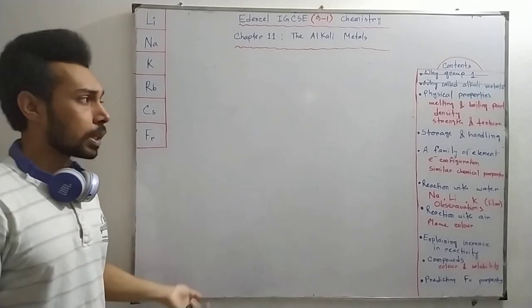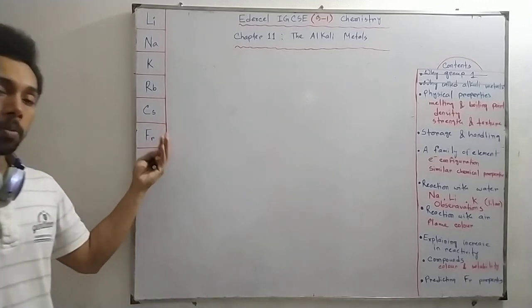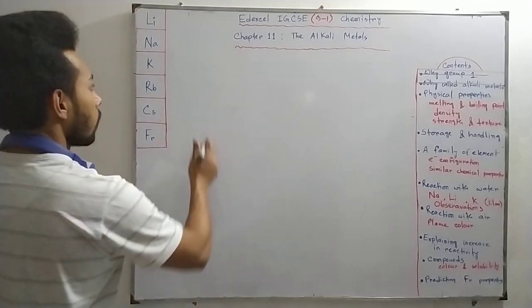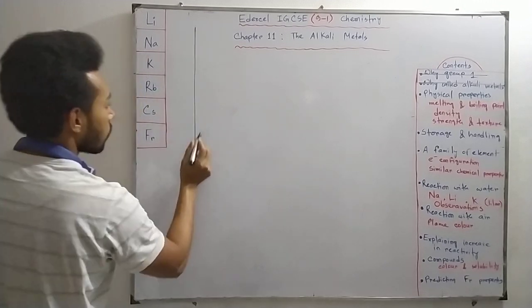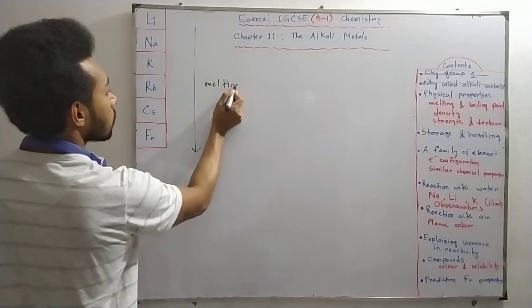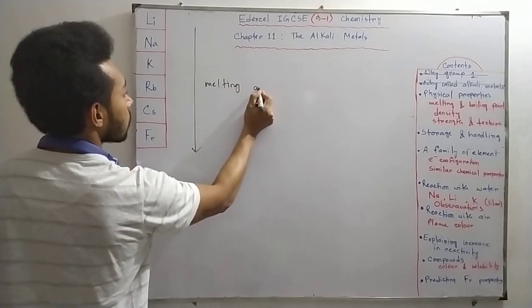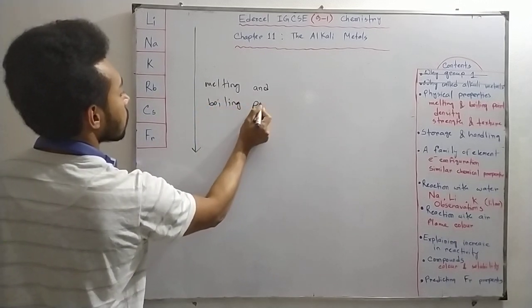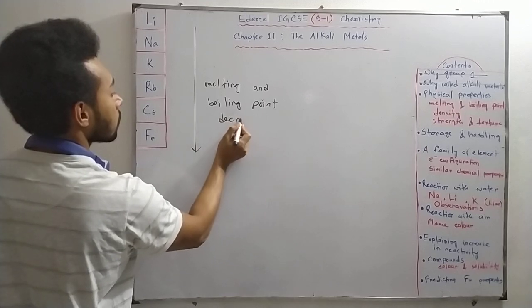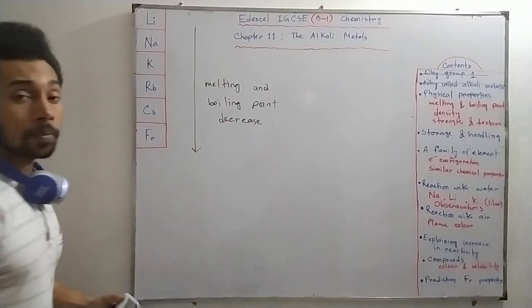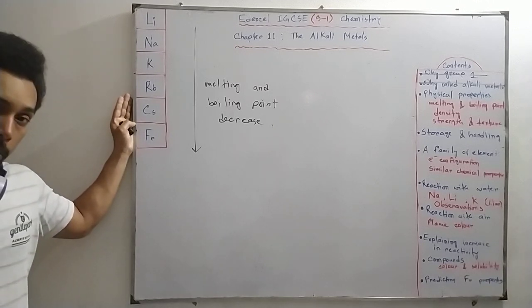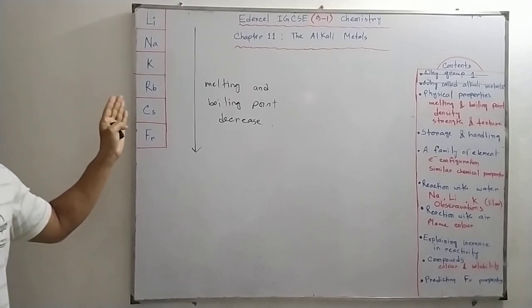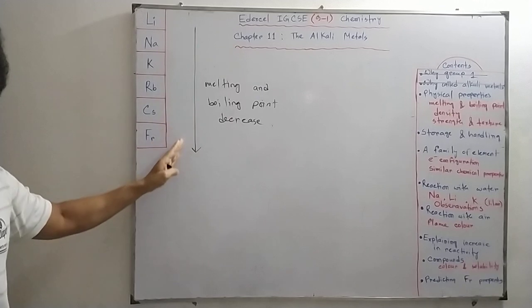Though they are metals, they all have very low melting and boiling points, and the melting and boiling points decrease down the group.